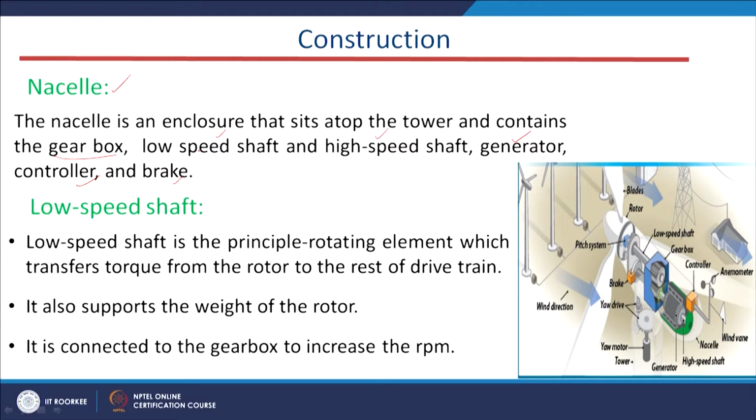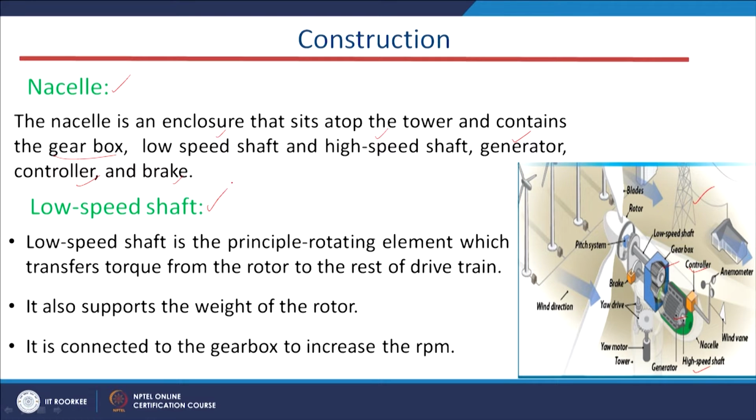All these elements together are called the nacelle of the wind energy system. And if you could see this particular picture, here is the nacelle, and in this nacelle we have the generator, the controller, the gearbox, the low speed shaft, and also the high speed shaft. All are present inside this nacelle of the wind system.